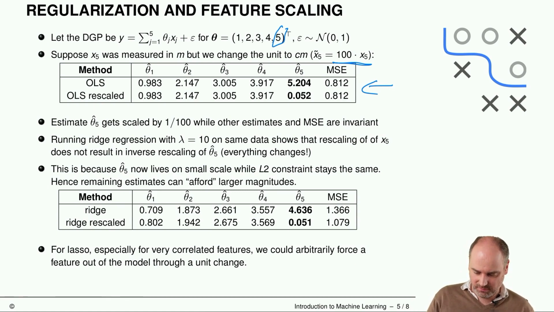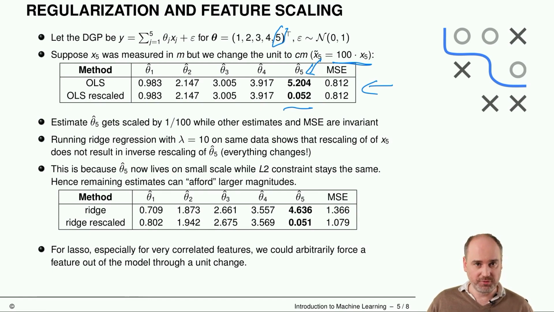Well, only theta 5 is affected, and because we multiplied the feature values x5 by 100, the coefficient is simply divided now by 100, and the model is effectively the same. You can also see this by considering that the MSE didn't change at all, and all of the other feature values are not affected at all.